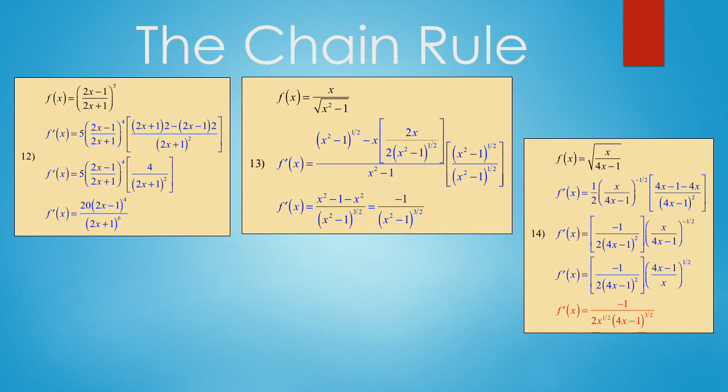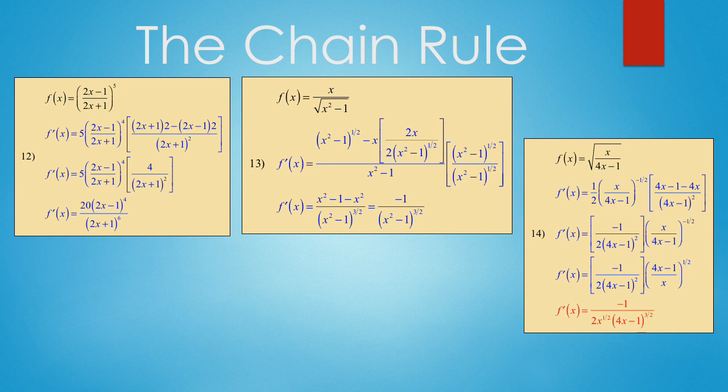We take our fraction to the negative 1/2, and then have to take the derivative of our fraction, which involves the quotient rule. And we end up with 4x minus 1 quantity squared on the bottom, and 4x minus 1 minus 4x on top.